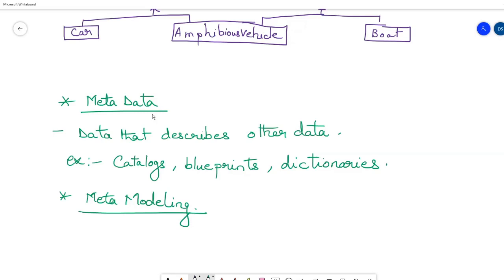So, a model of a model is called a meta model, and the process of generating this meta model is called meta modeling.